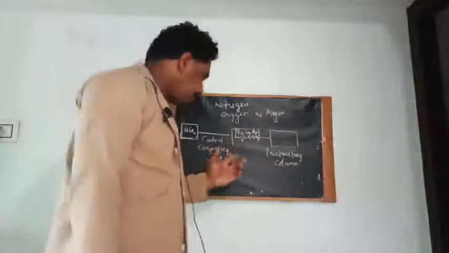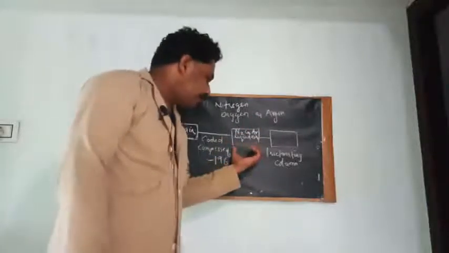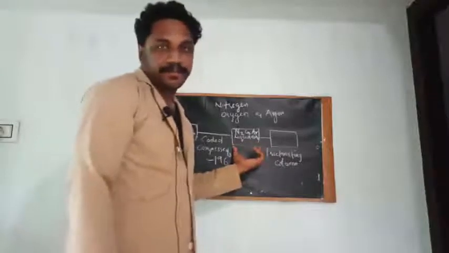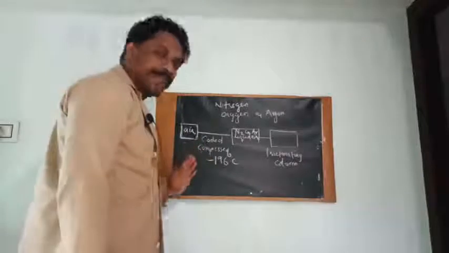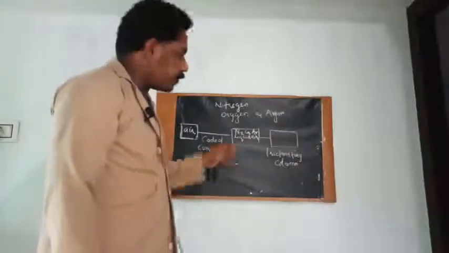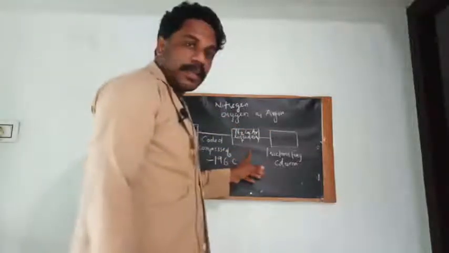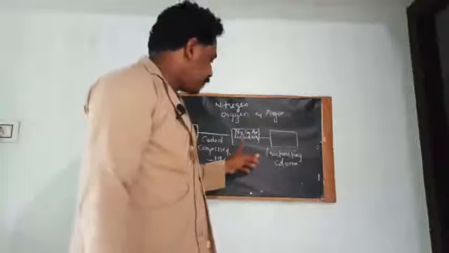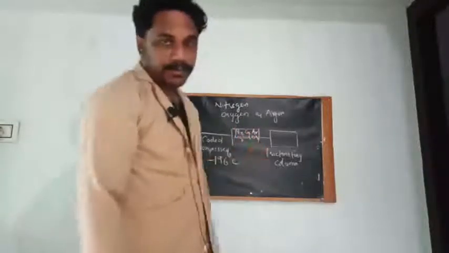Now we have got nitrogen, argon and oxygen in the liquid state in this container. Okay, so air is cooled below minus 196 degrees Celsius so that all these three gases are liquefied. Now we have a mixture of liquid gases which consist of nitrogen, oxygen and argon.